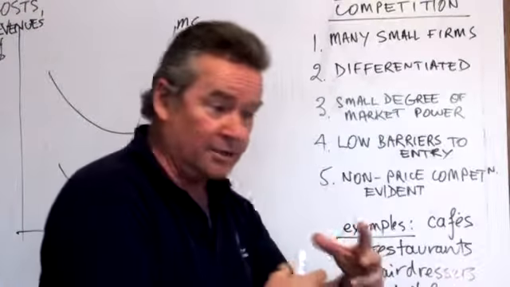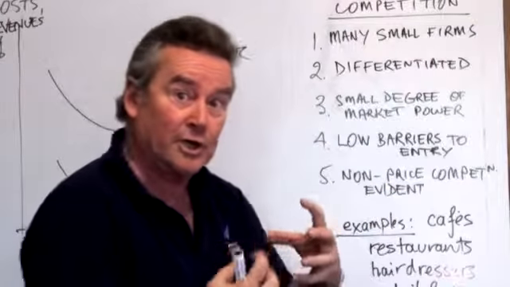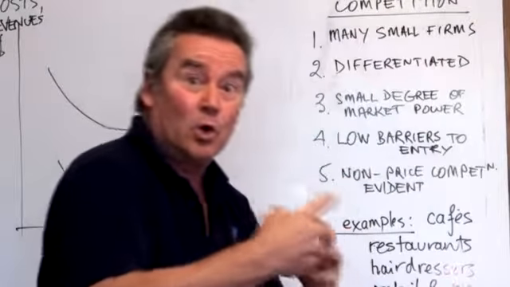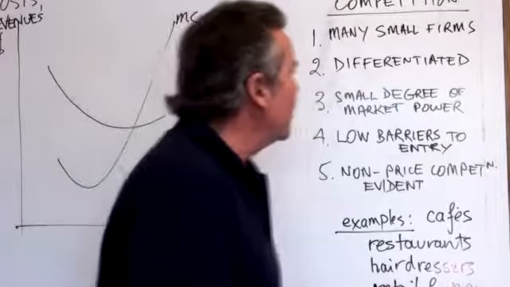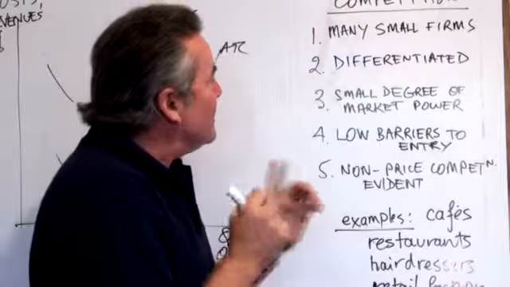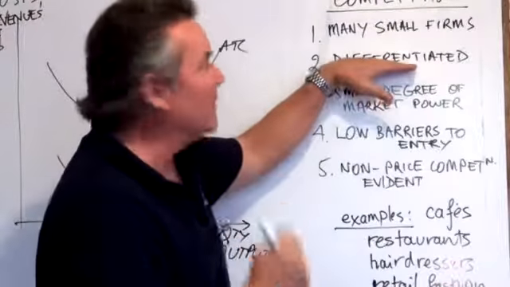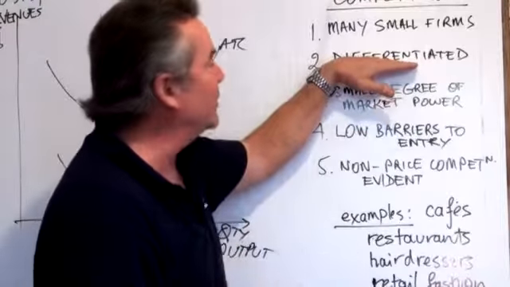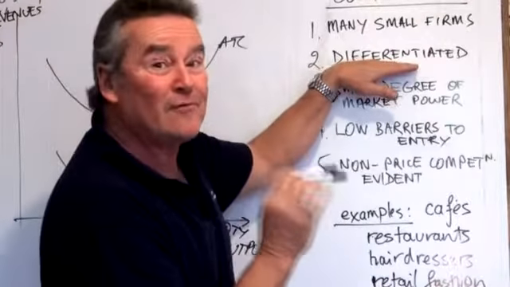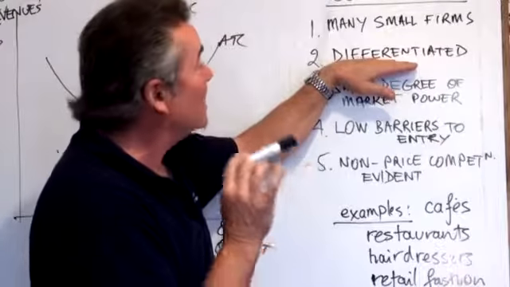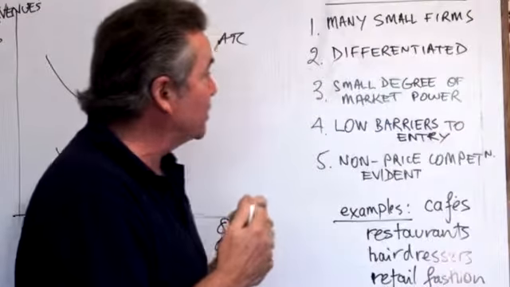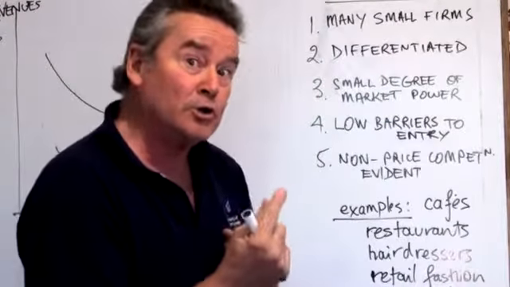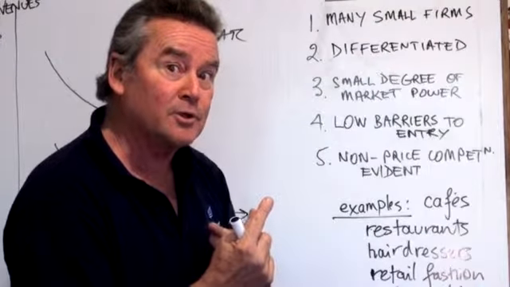Yes, advertising, promotion, packaging, location, service, colour, decor, gimmicks, etc. They're trying to make us believe that what is essentially a homogeneous product is actually somehow different. So the differentiation here tells us that the products are close but not perfect substitutes.